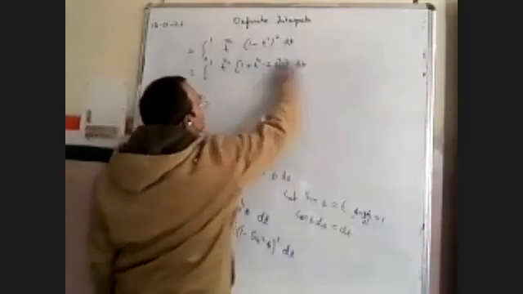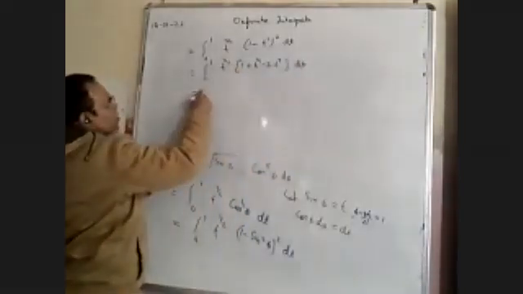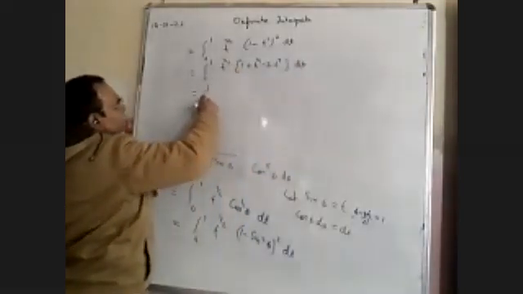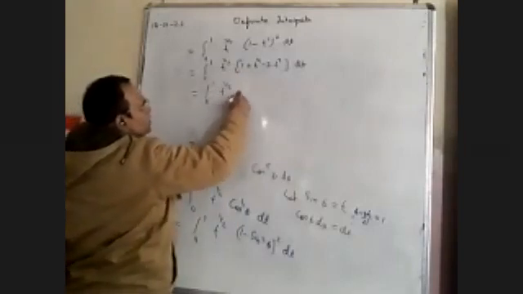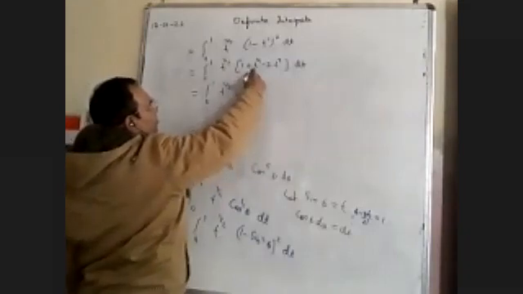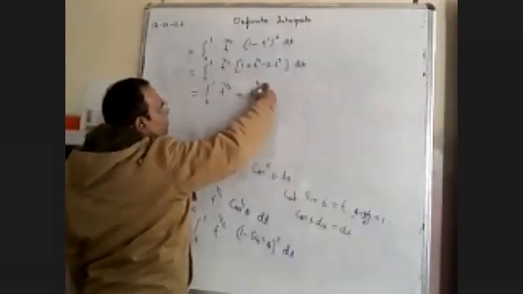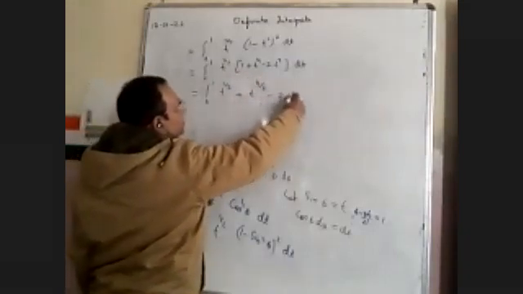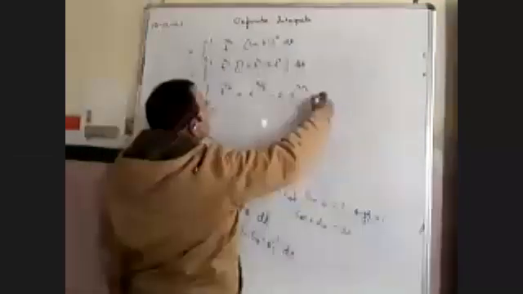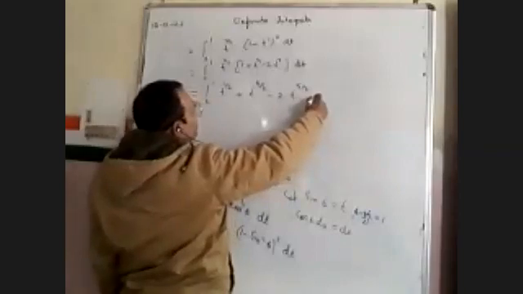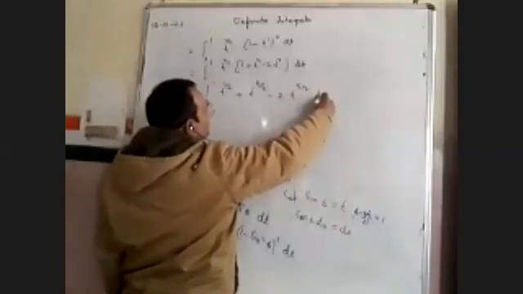Now you will multiply with t to the power 1/2, then it will be t to the power 1/2 plus t to the power 9/2 minus 2 t to the power 5/2.